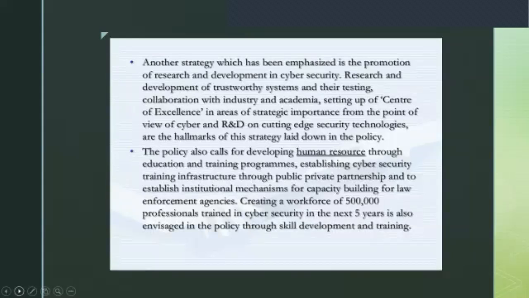Research and development of trustworthy systems and their testing, collaboration with industry and academia, setting up of centers of excellence in areas of strategic importance from the point of view of cyber, and R&D on cutting edge security policy, and the hallmark of this strategy laid down in the policy.